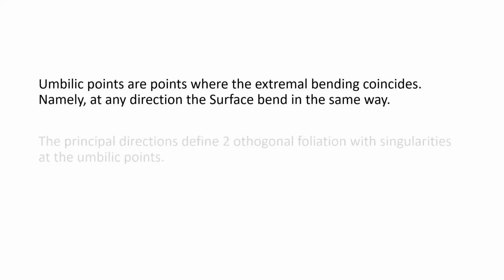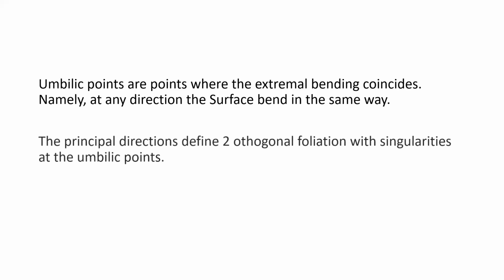At each point we define 2 principal orthogonal foliations, except at umbilic points where both curvatures coincide. So, as Farid showed and gave some equations, we have in fact 2 orthogonal foliations that may have singularities, which are at the umbilic points. This is the general setting.